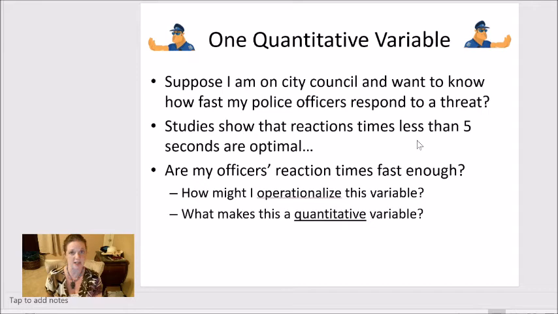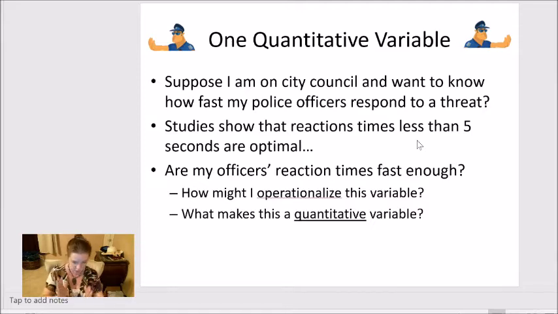So let's use a different example. Let's say I have a different quantitative variable. I'm on the city council. I want to figure out how fast police officers respond to threat. I'm doing a study to see the reaction times of police officers, because I think reaction times less than 5 seconds are the best.